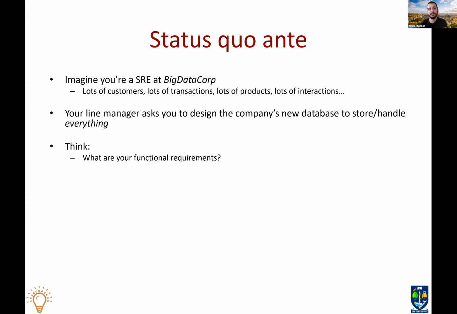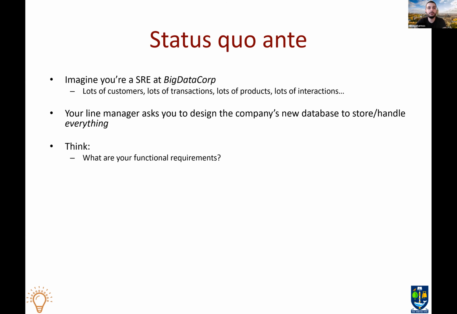So let's start thinking, well, what are your functional requirements? That's the part of the requirements capturing where you just talk to your client and try to understand what it is that they need, not necessarily what it is that they want. So what are your functional requirements? What do you expect the API of this data store to be? How do you expect to access it?